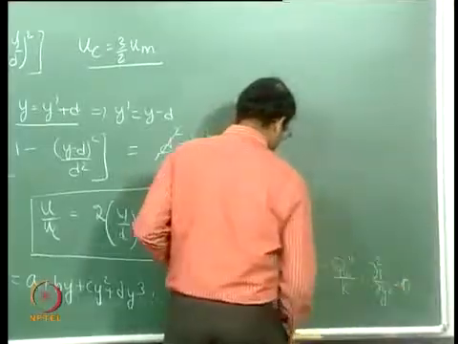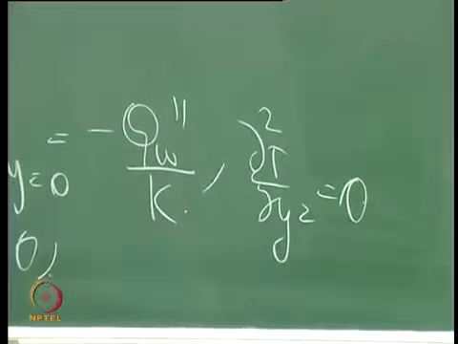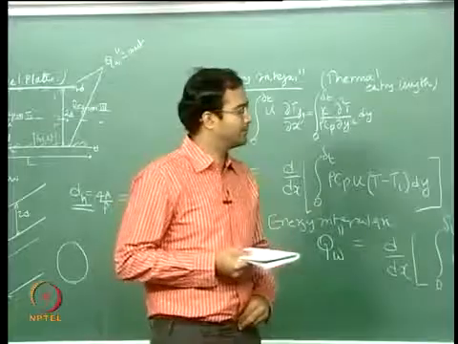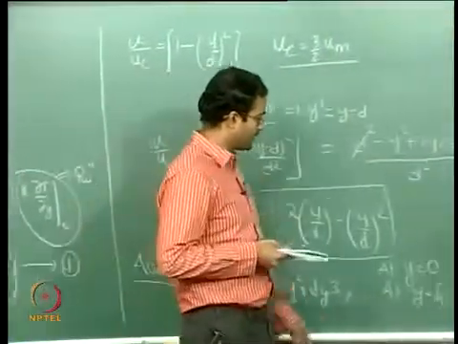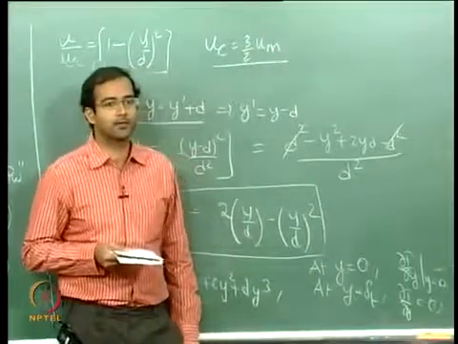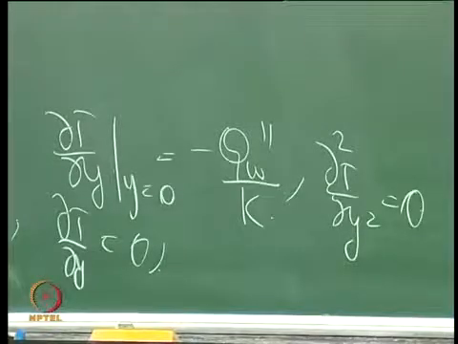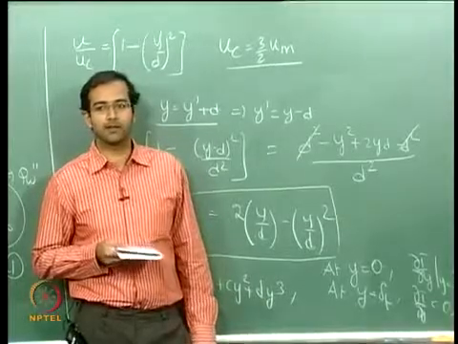So we need one more. And that should be, naturally you can see that it should be at y equal to delta t. Second order should directly give a second order condition.